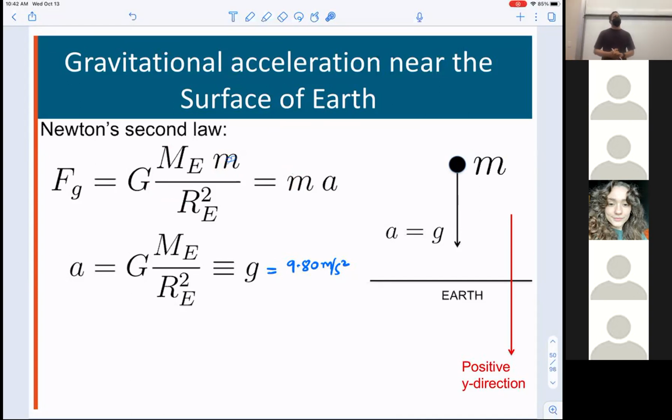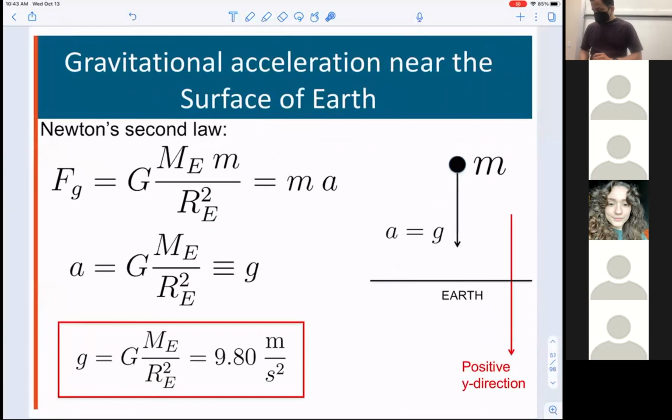If you look at the electrical force between, say, a proton and an electron, the electrical force doesn't depend on the mass of objects. It depends on their electric charges. And so therefore the acceleration they experience will be different. A proton and an electron will accelerate at different rates in an electric field as opposed to a gravitational field. So there it is. That is the number 9.8 meters per second squared.